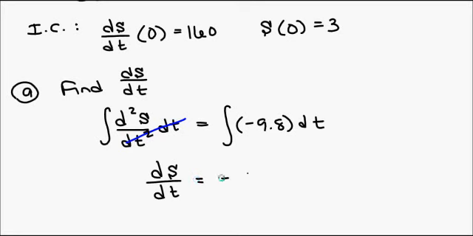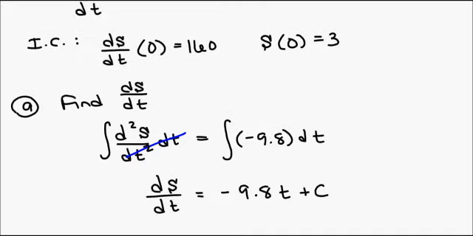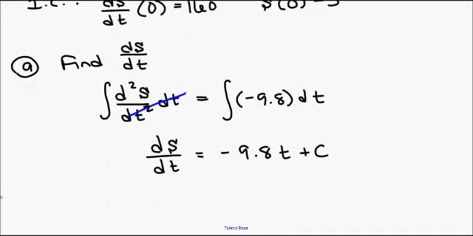And this gives me negative 9.8t plus c. But that doesn't really tell me anything. I need to find c. So we're going to apply our first initial condition. I'm going to plug in a 0 for t and 160 for my derivative.